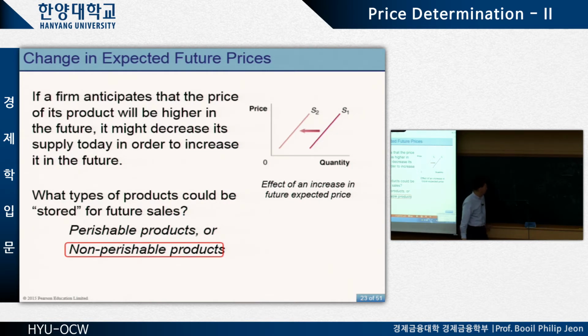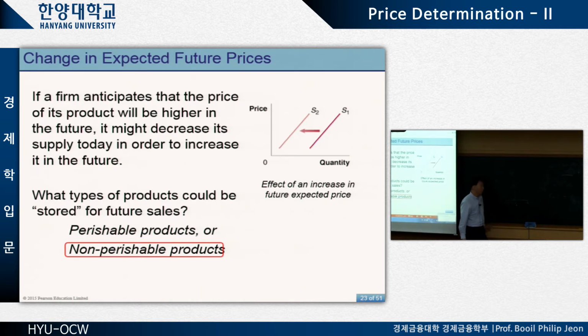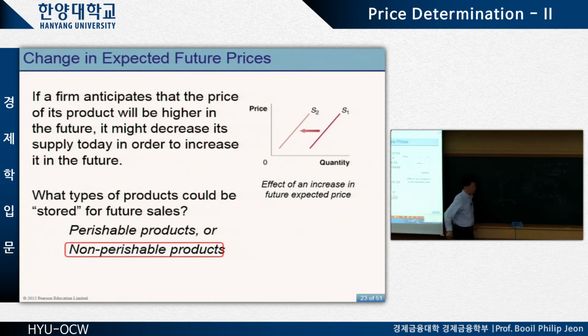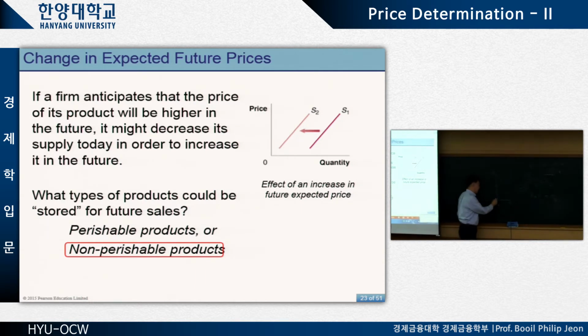But for the case of agricultural product, it's not going to change that much, and that's why the demand curve is so steep. Even when the price went up so much, quantity demanded does not decrease that much.